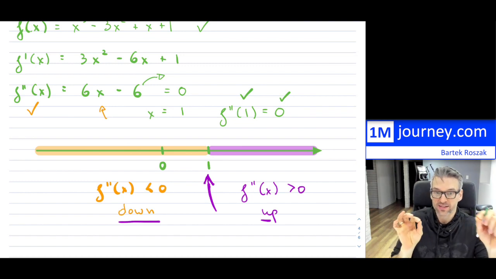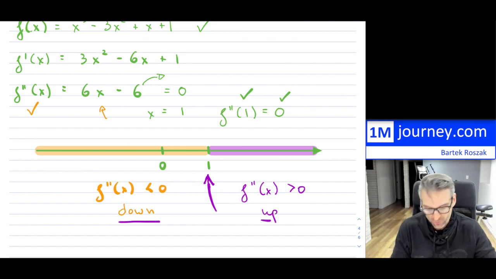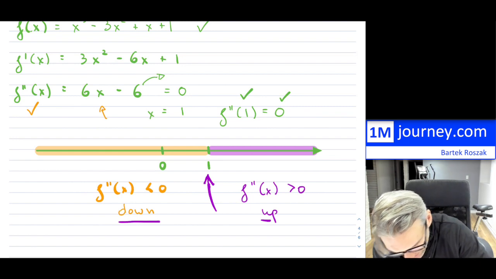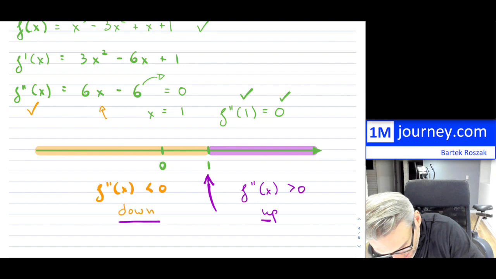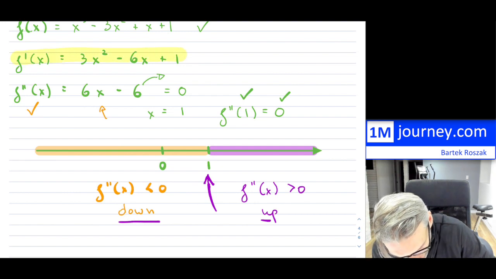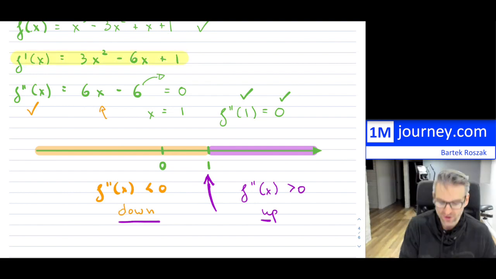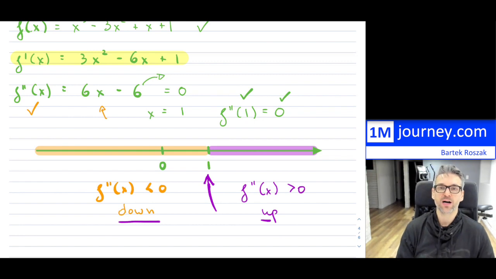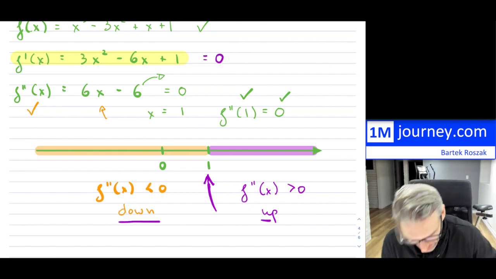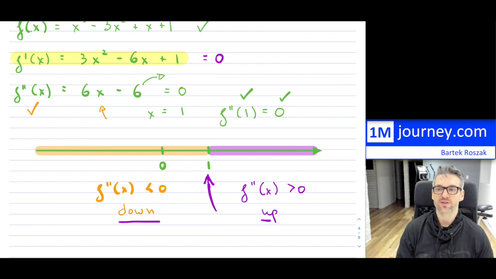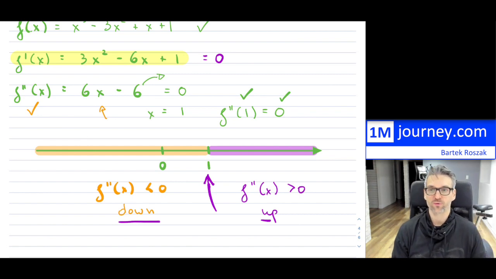Now, we can take this even further, and we can go back to our first derivative to see if there are any possible maximums and minimums in here. So I'm going to set this to 0, and I'm going to find the roots there. I'm going to do that in fast-forward fashion.